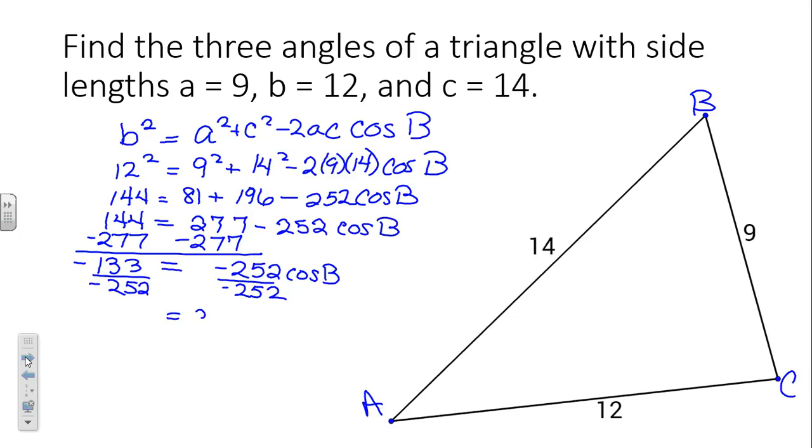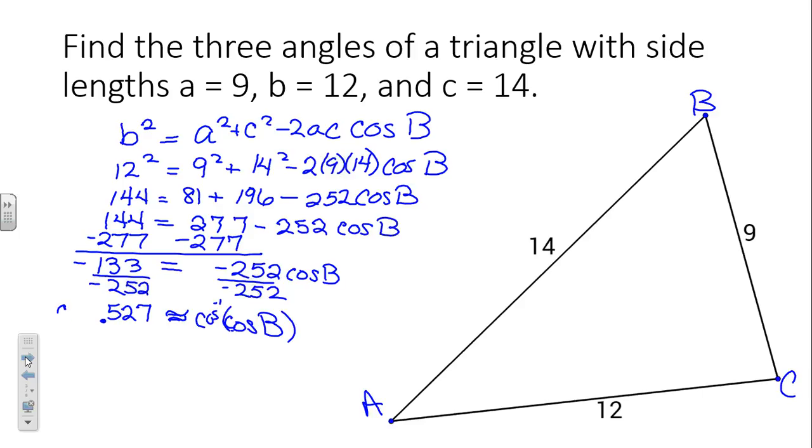So we know that the cosine of B is going to be equal to negative 133 divided by negative 252, which is 0.527-ish, right? And how do we get the angle? Exactly, because we want to get rid of the cosine, so the inverse of cosine is inverse cosine.